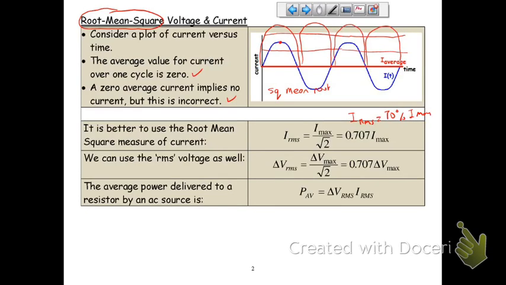So I RMS is 70% of Imax, my VRMS equals 70% of my Vmax, and P average equals delta VRMS times I RMS. You can't use your peak value of voltage, and you can't use your peak value of current, because you're only at that for one instant. This RMS value is the time average value, ignoring the polarity.